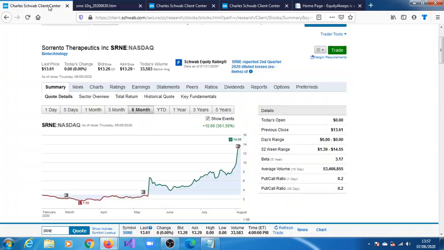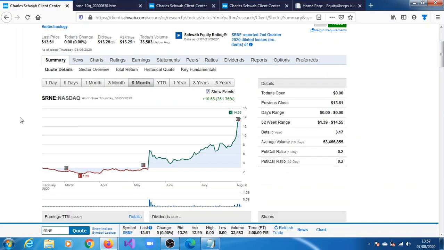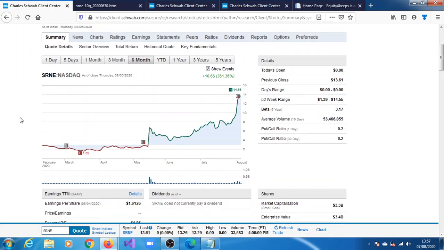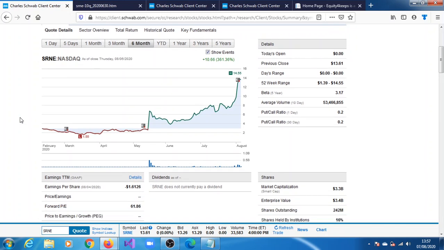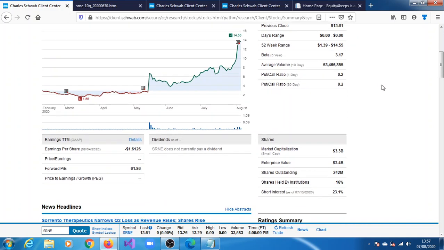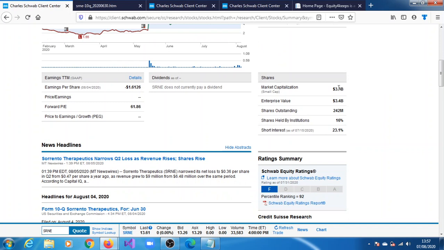You can read up yourself. Now we return to the summary page, and we can see that the 52-week range is $1.39 to $14.59, and it has a market cap of $3.3 billion, short interest of 23.1%.